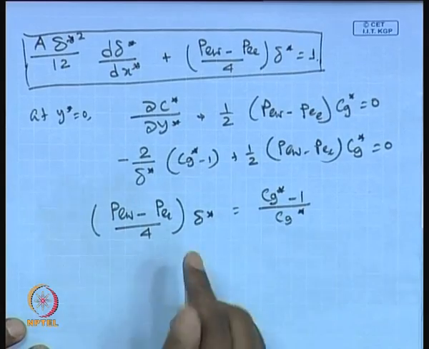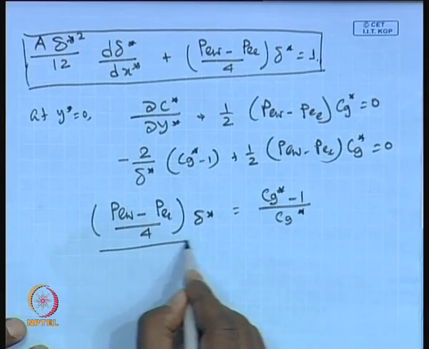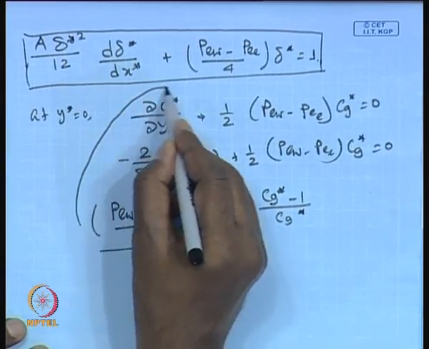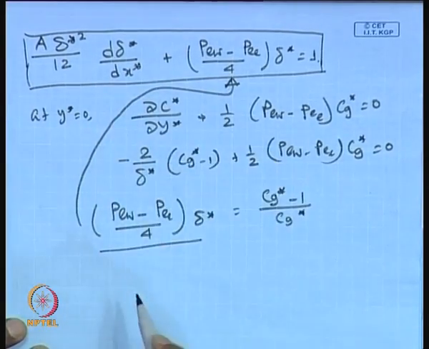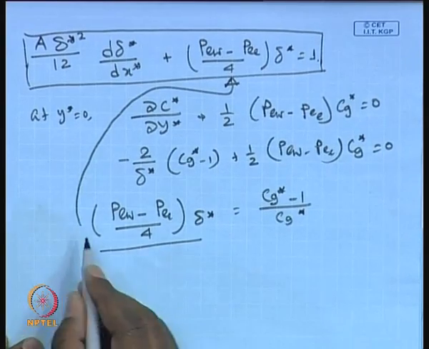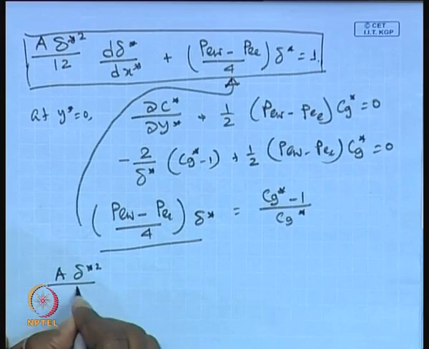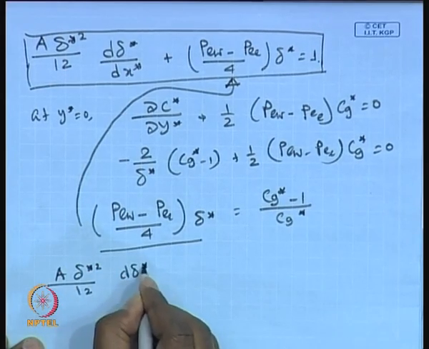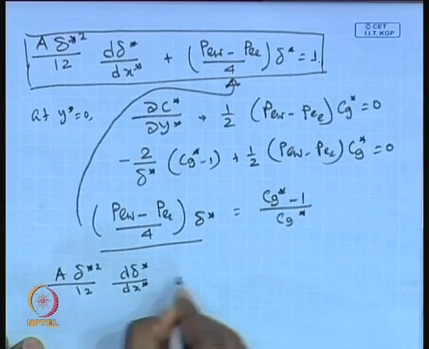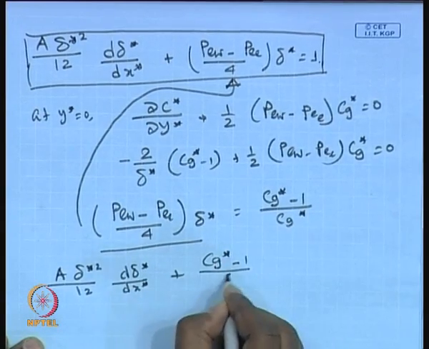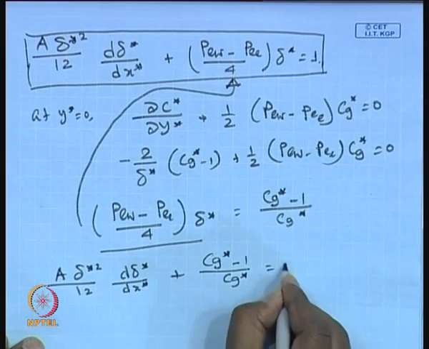So, what we are going to do, we are going to substitute this into this equation. Okay. If you really substitute it, what you get is A delta star square divided by 12 d delta star dx star plus C g star minus 1 divided by C g star is equal to 1.